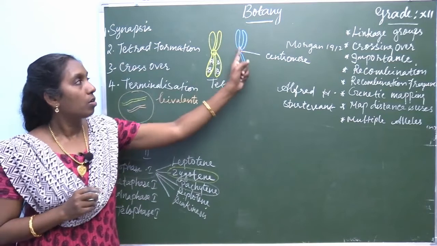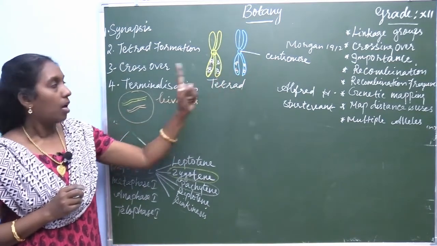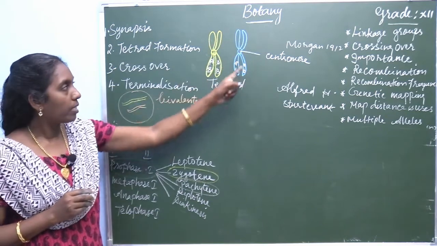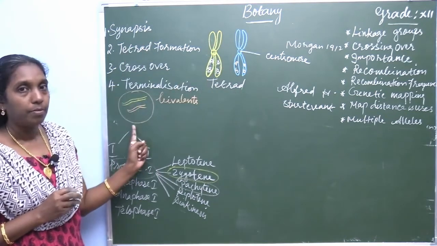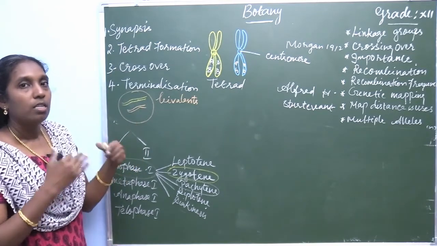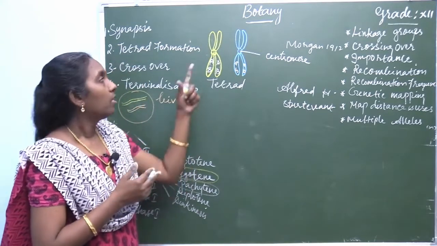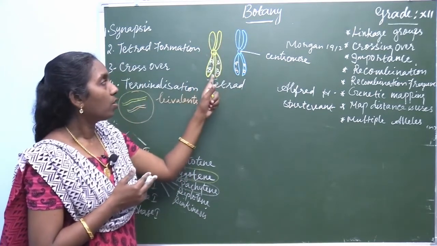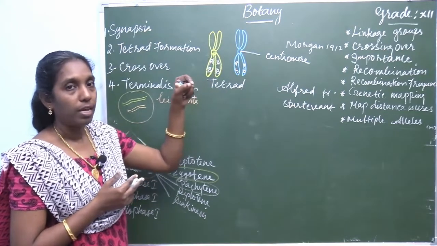At first, synapsis happens: the chromosomes pair. Then in tetrad formation, the four chromatids are connected at the centromere.